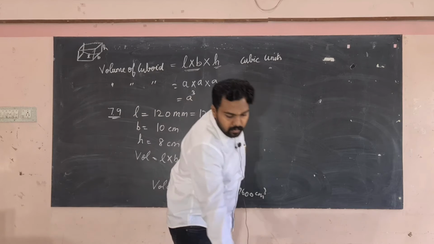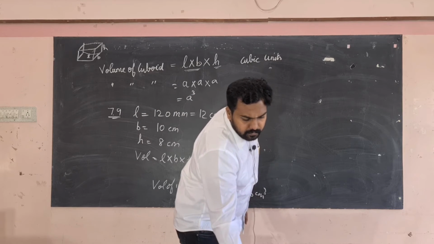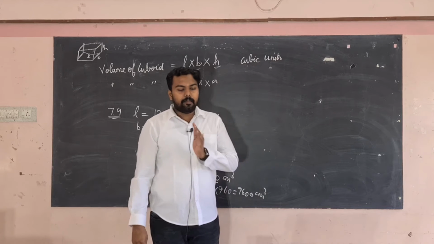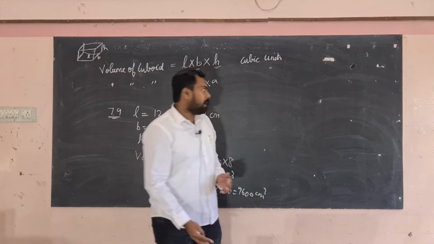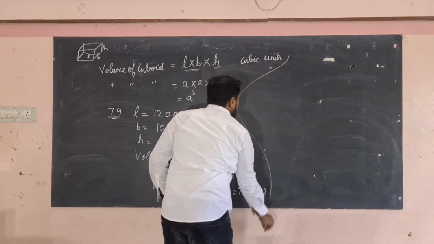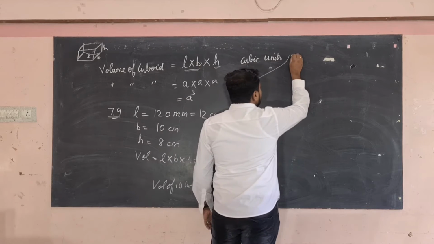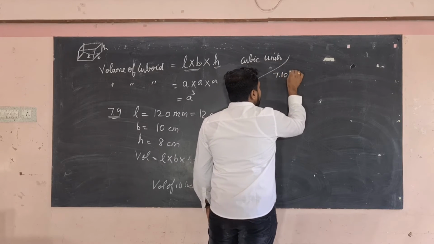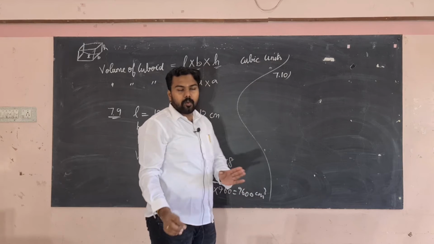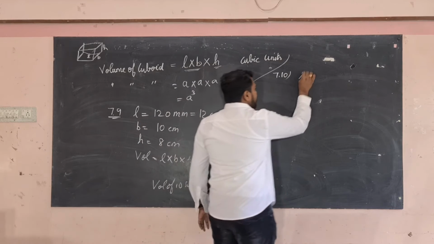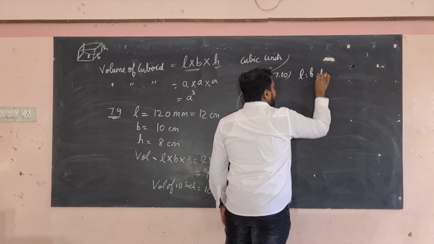Okay, now let us go to the second question. The length, breadth and height of cuboid are என்ன கொடுத்திருக்காங்க, example 7.10. Okay, the length, breadth and height of a cuboid are in the ratio 7:5:2.